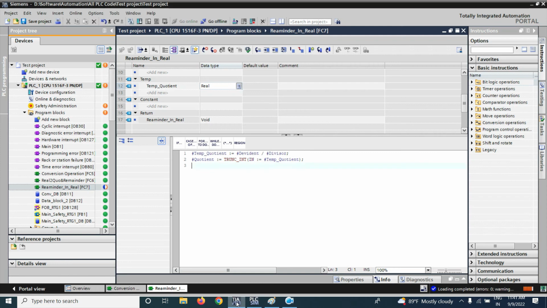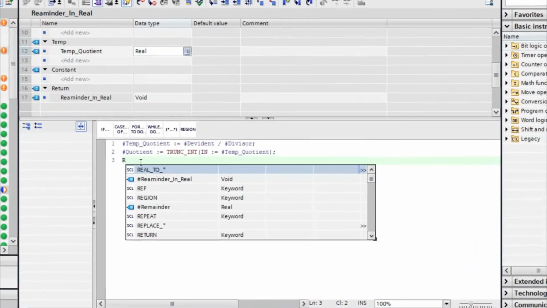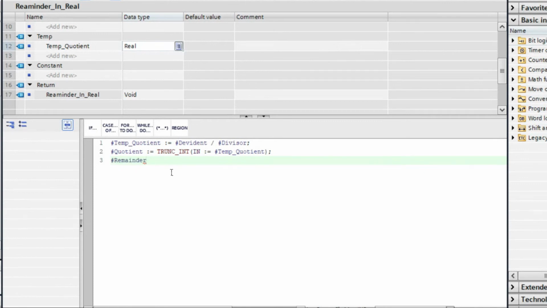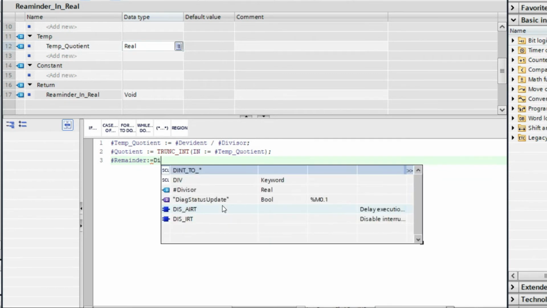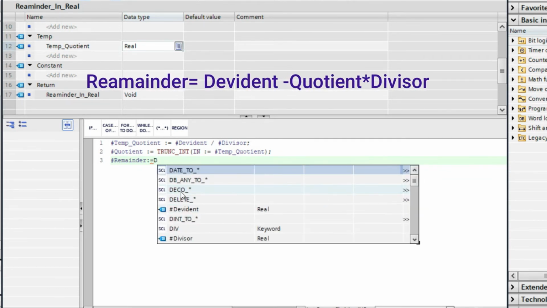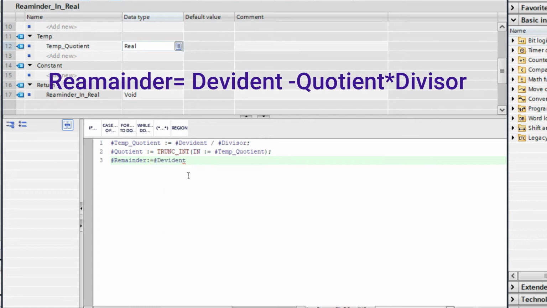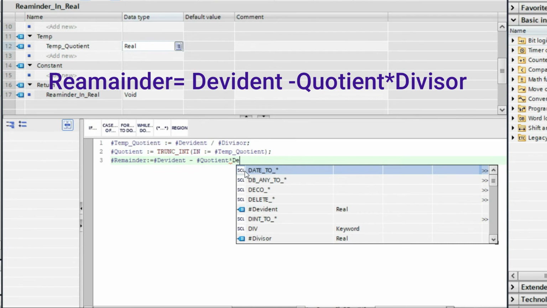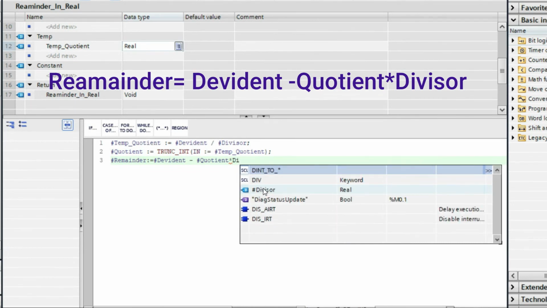I will write that equation in here. So here the remainder is equal to dividend minus, here is the real quotient, our quotient in integer value, multiplied by divisor.